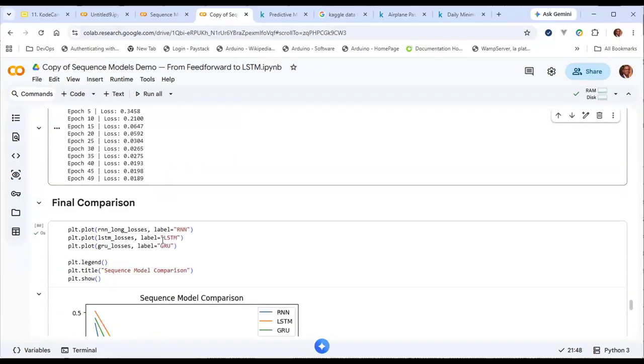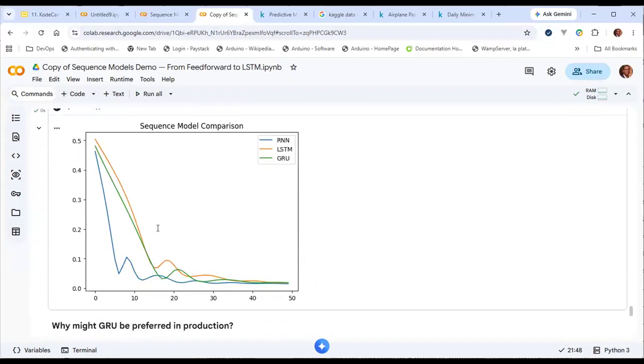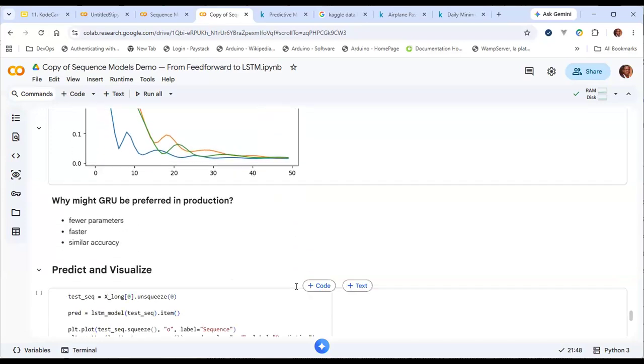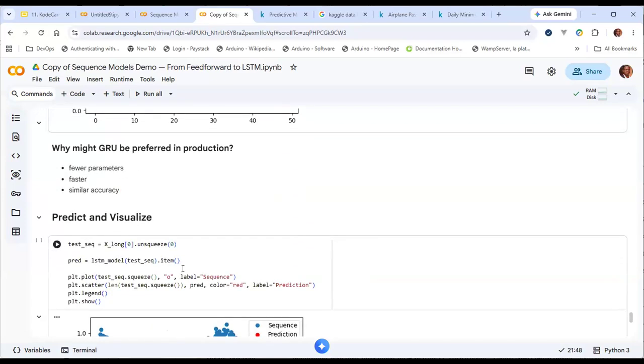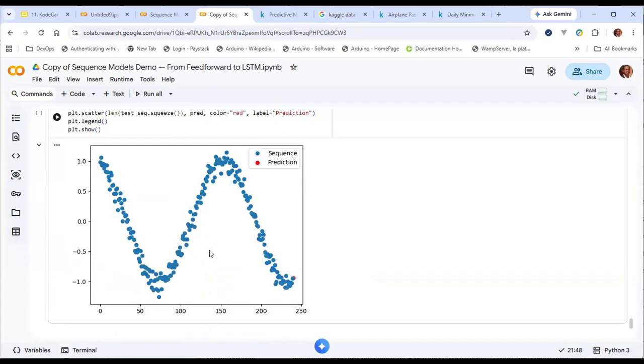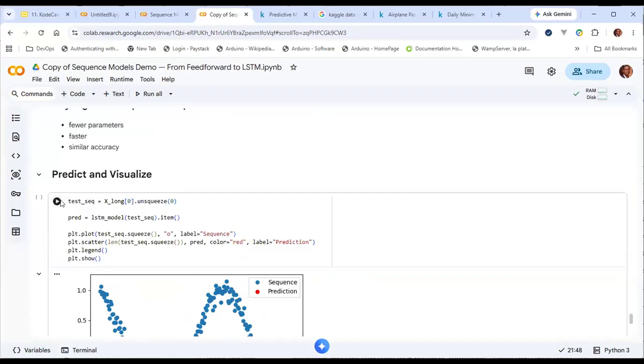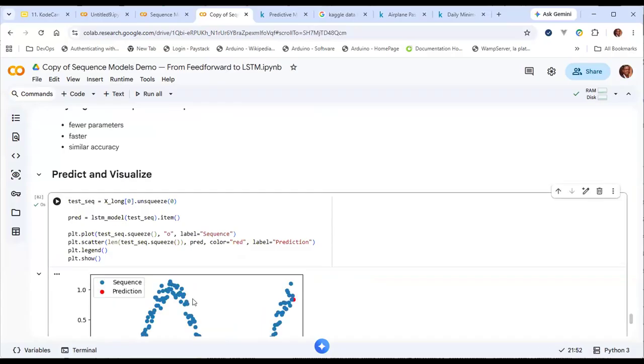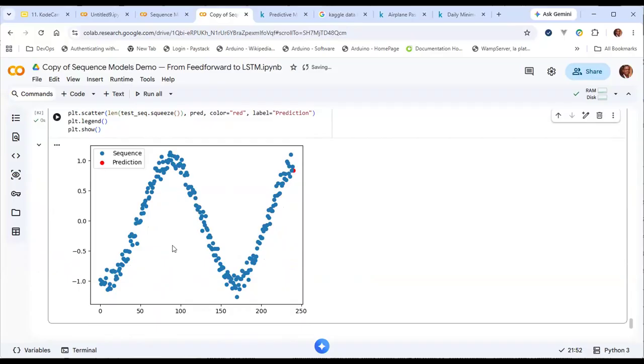GRU is finished training now. So interestingly, they're all very close, as you can see, mainly because the sequence length is not long enough to differentiate those three, right?